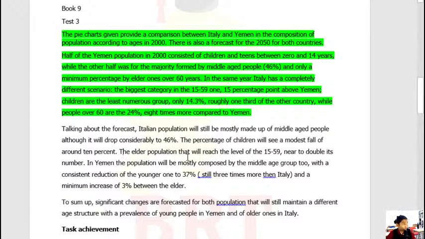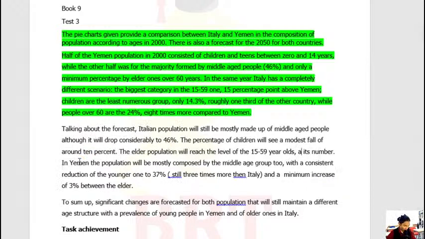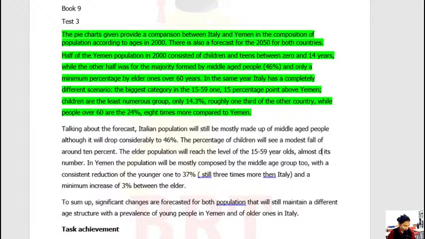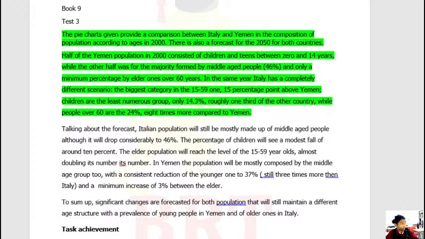The elder population will reach the level of the 15 to 59 year olds. Let's put the dots on the I's and the dashes on the T's: near to double its number, almost doubling its number, we can say. Almost doubling its number.